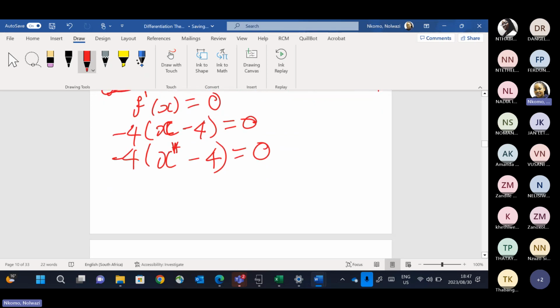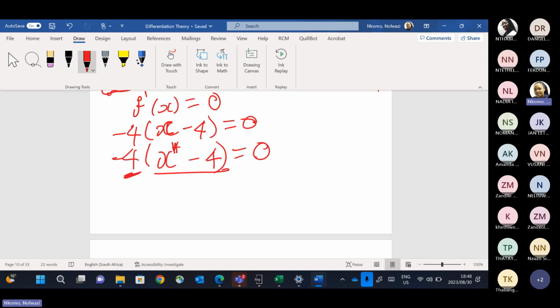Okay, this means it's either this equal to 0 or this is equal to 0. Because remember, if you are multiplying two terms and you are told that the multiplication equals 0, that means one of those two terms is equal to 0.